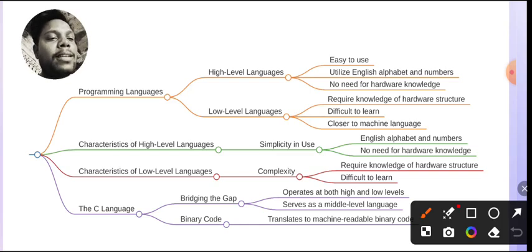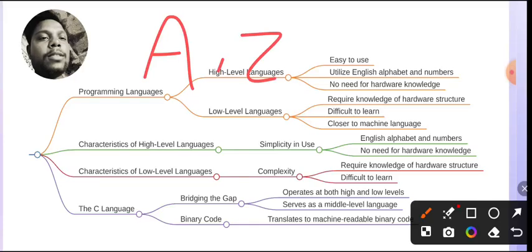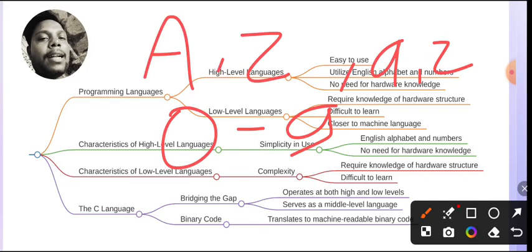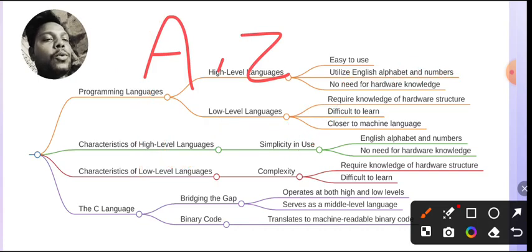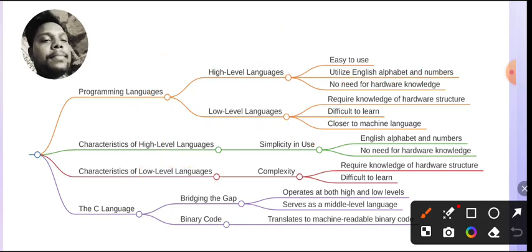English is a universal language. English alphabets A to Z and small a to z are used, and numbers 0 to 9 are used. That's why it's easy. Then next, no need for hardware knowledge. Any specific hardware knowledge is not required.